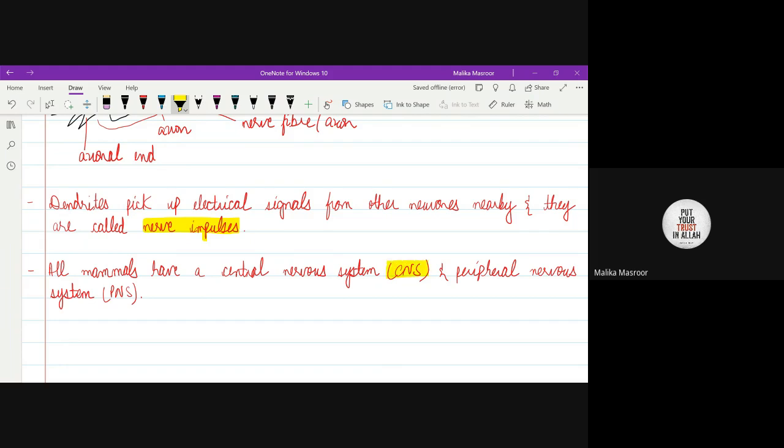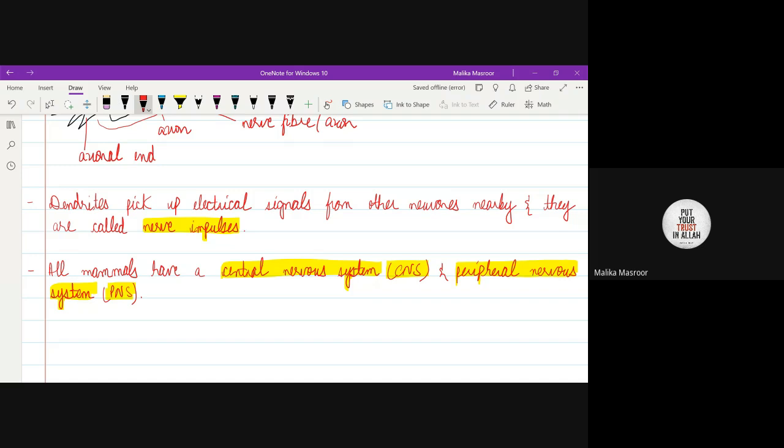CNS is made up of neurons and its role is to coordinate the electrical impulses traveling through the nervous system.